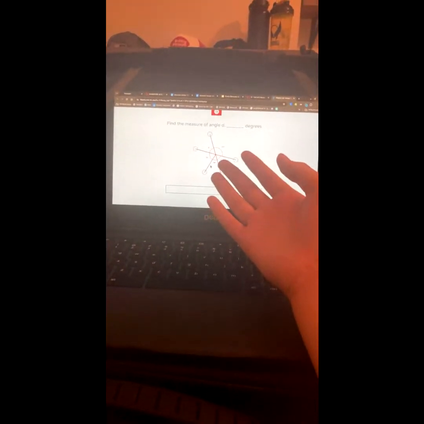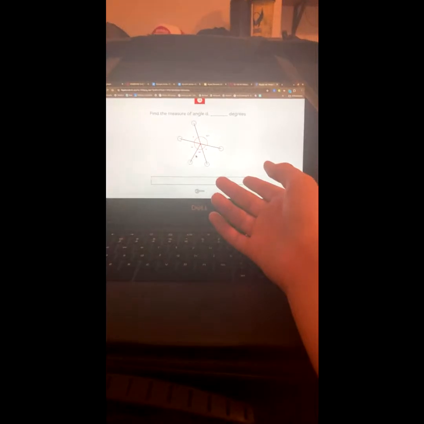What you need to know here about some of these angles is that they're going to try to trick you. But you also want to remember the equation for solving these. If you just type in random numbers, like if you think that one measures 90, that doesn't work.